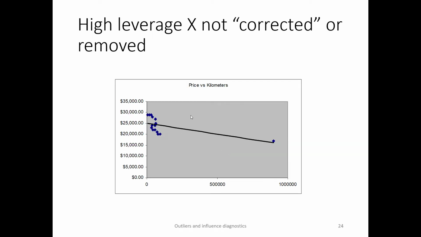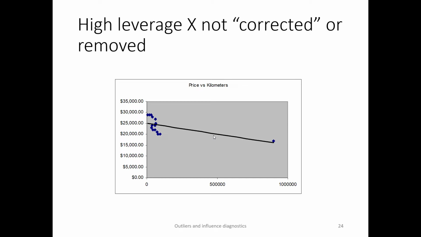So we have the relationship with the price versus kilometers with that one really, really high leveraged value. And you can kind of see when we look at that line, it does not look like it's typical of the flow of the data, right? I mean, what do we do about this whole middle part here? Is there really a relationship there when there are no data points? Ugh.